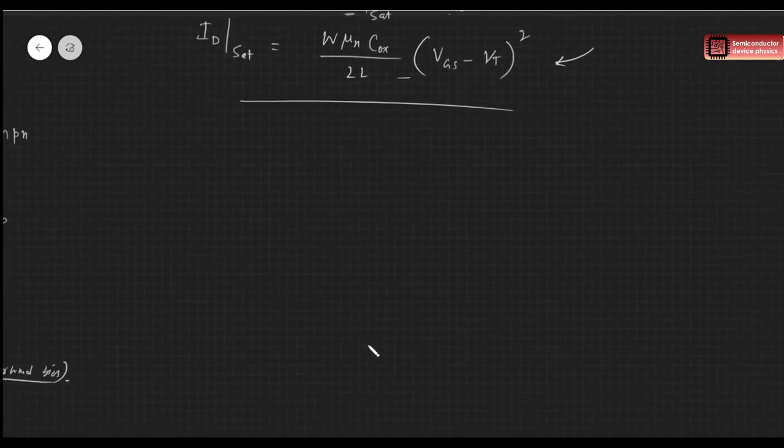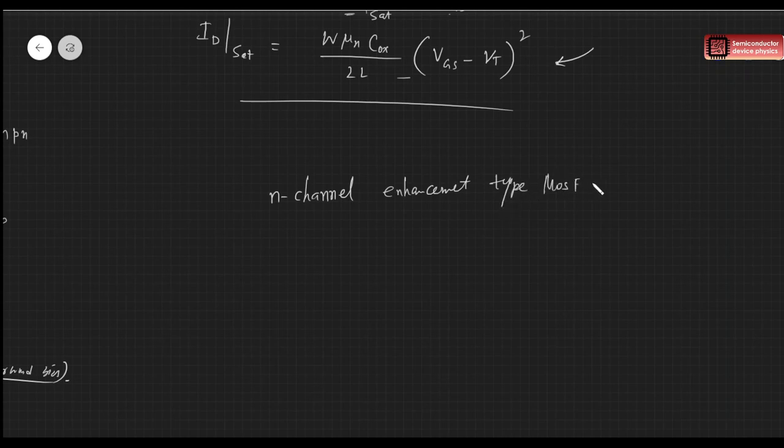So the circuit symbol, I'll just draw it. We'll first draw it for the same one, the N channel enhancement type MOSFET. So we're doing the circuit symbol.